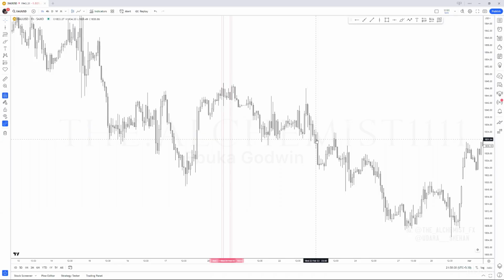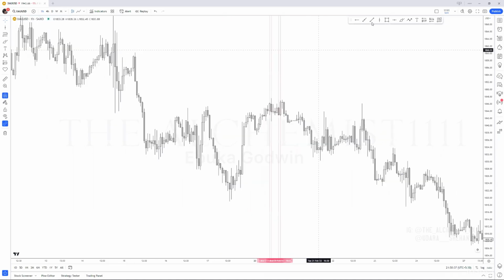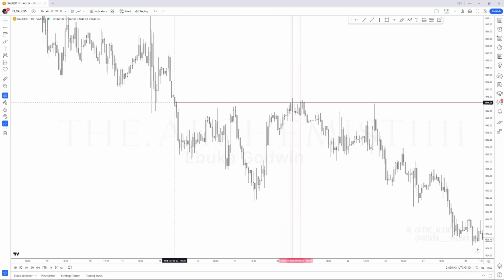Now this is what I wanted you to do. Just draw some vertical lines on this timing, session openings, session kill zones, and session timings, and then see where it reversed from. Let's say maybe here, just a hindsight example, or maybe here.